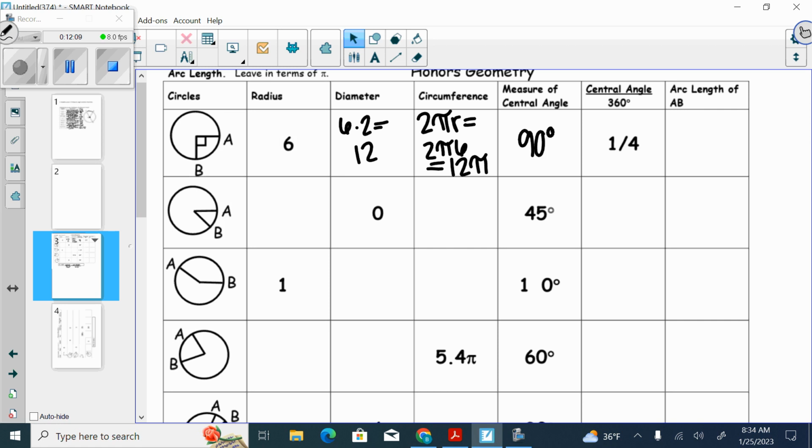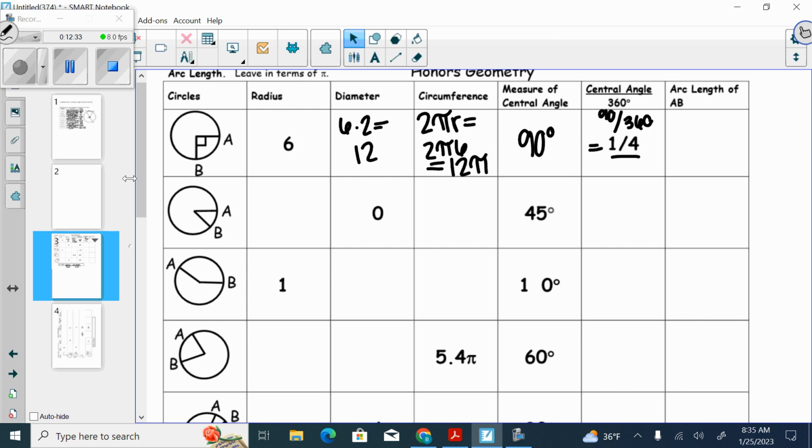But yes, we know by the marking that it is 90 degrees. They told us right here that it was a quarter. So if we didn't see that marking there, we could have used that to help us find the central angle. What they did here was central angle over 360. So they did 90 over 360, and it's simplified to 1/4.